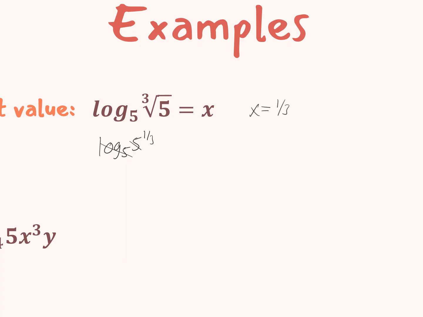But the reason that works is if you were to use one of our power properties that we learned in the previous slide, that exponent can move out front, and this becomes 1/3 times log base 5 of 5. And we know that log base anything of itself is going to get you 1. So this is the same as 1/3 times 1, which gets us our final answer of 1/3.